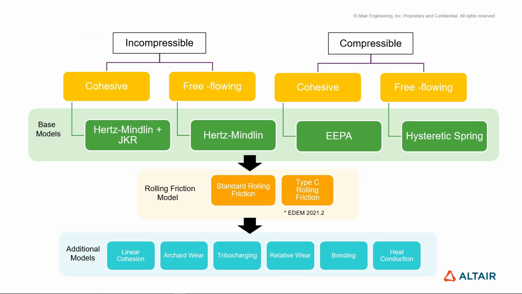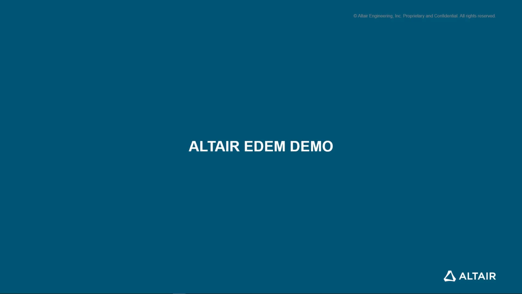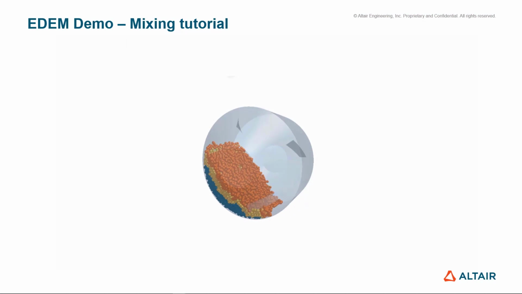However, here we can see a schematic of the different EDEM contact models. So you can choose one of the base models, then a rolling friction model and additional models. You can chain them together to best represent your application. And all these components combined together produce a fit-for-purpose bulk material flow behavior, and that is what we want to achieve. Now let's move to the next section.